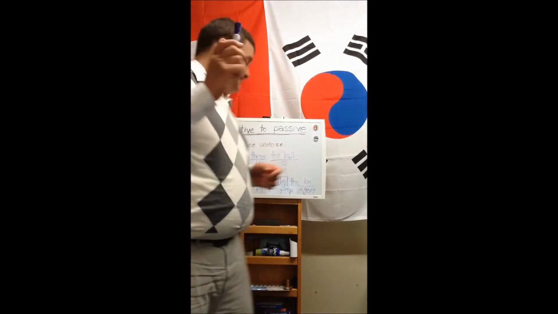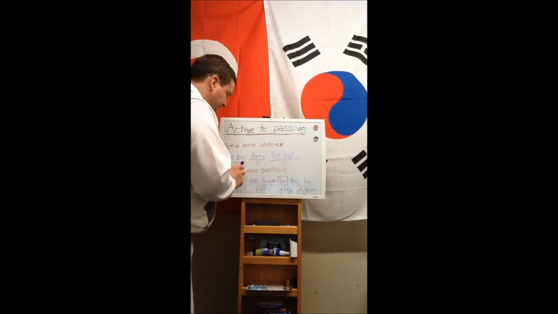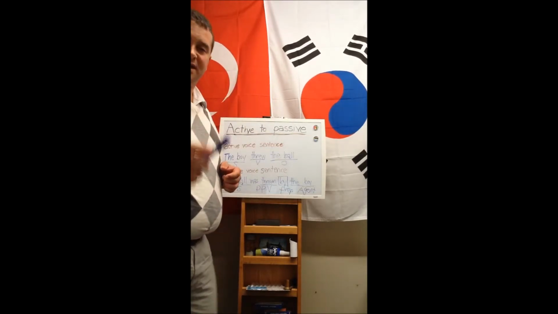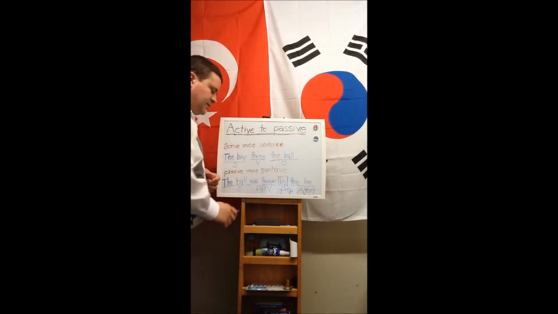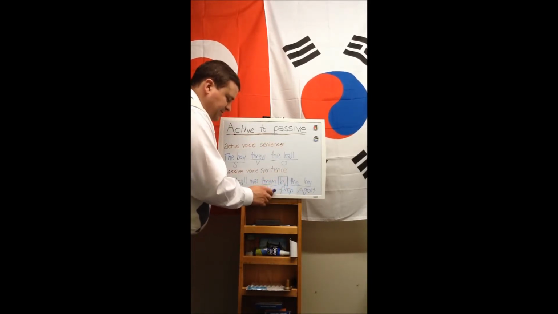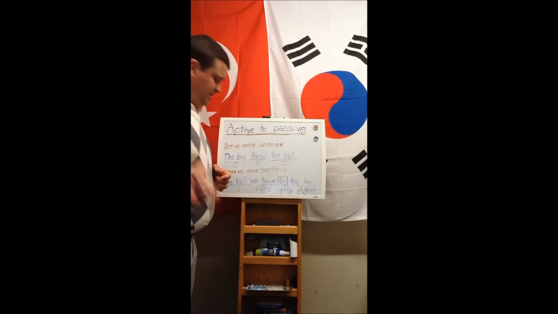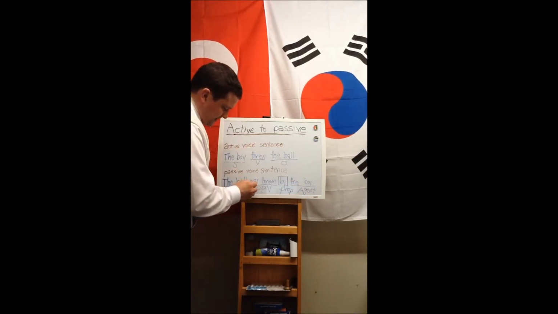Okay, so just to recap, active voice sentences always have an SVO sequence. Passive voice sentences always have subject, past participle verb, preposition, and agent. Okay, and of course we also have another verb here. That's was.